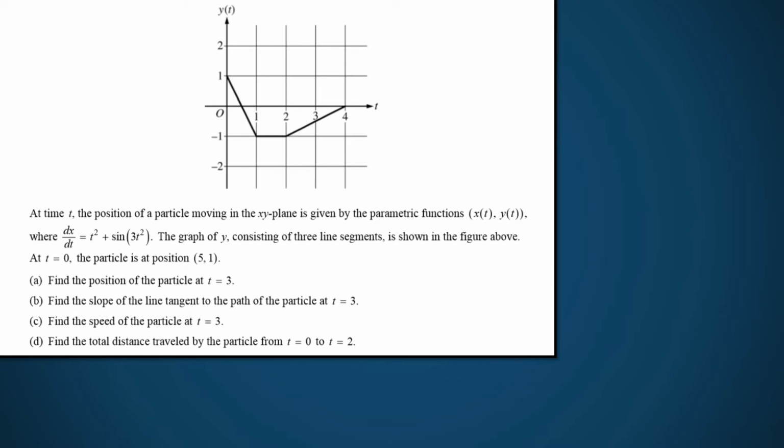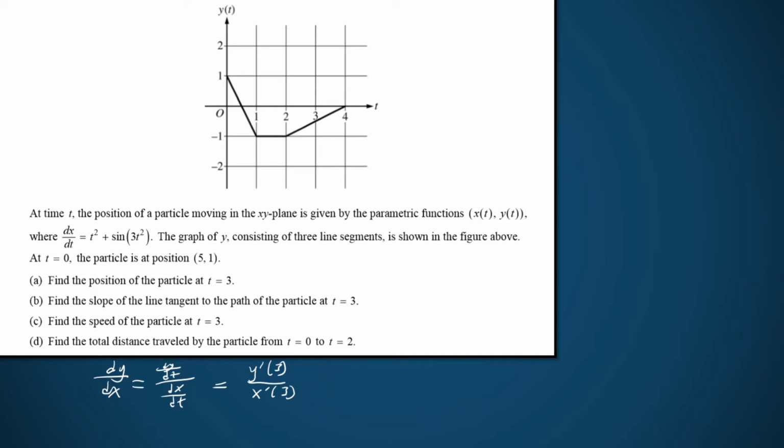So we could say dy over dx is dy over dt divided by dx over dt. We're doing this at 3. So y prime at 3 over x prime at 3.